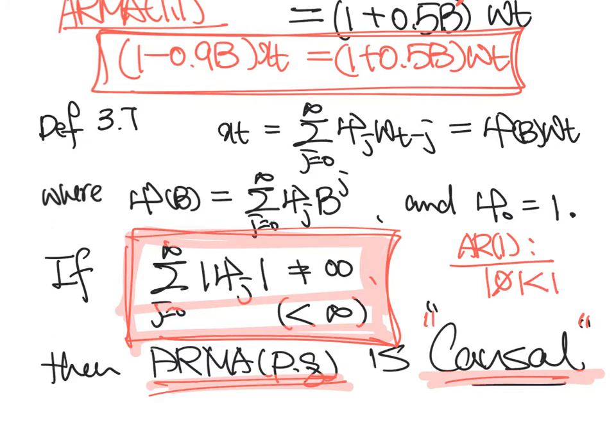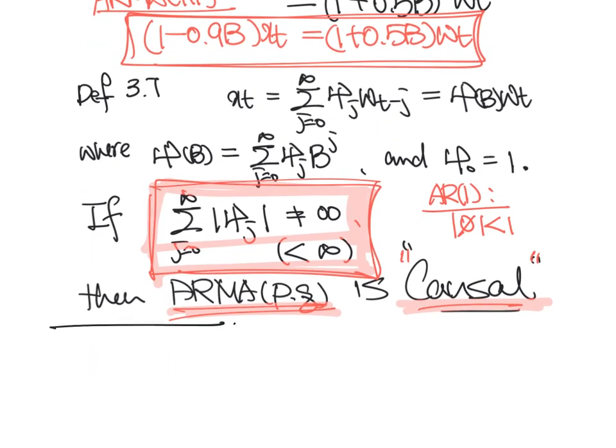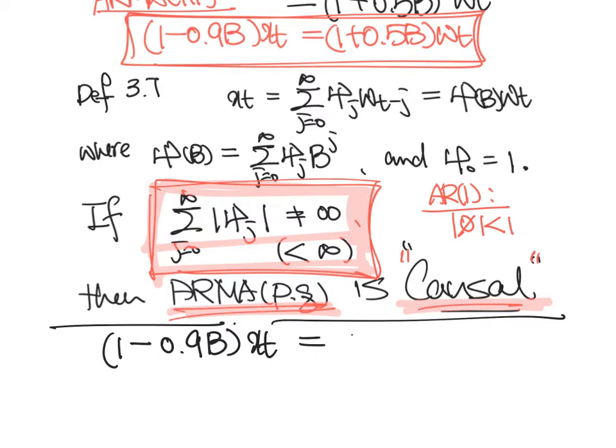So let me copy the model we got before here. (1 minus 0.9B) xt is equal to (1 plus 0.5B) wt here.